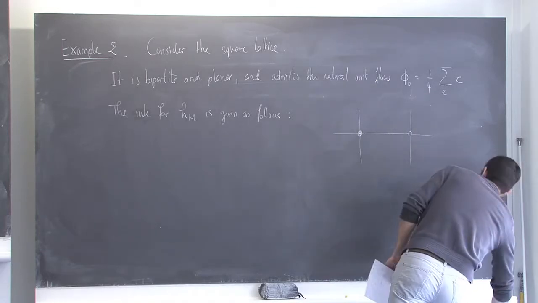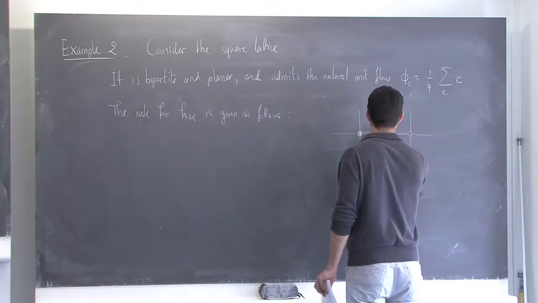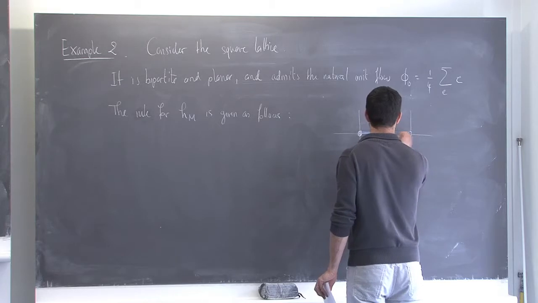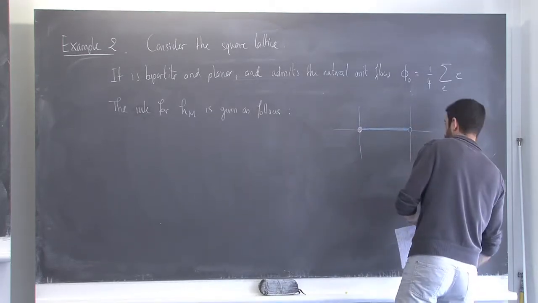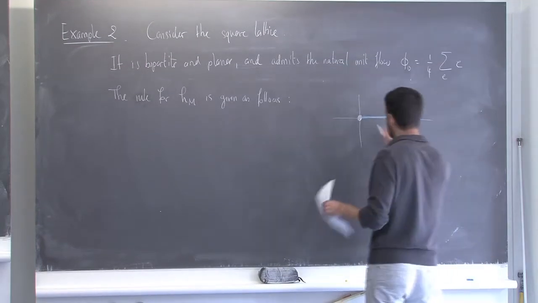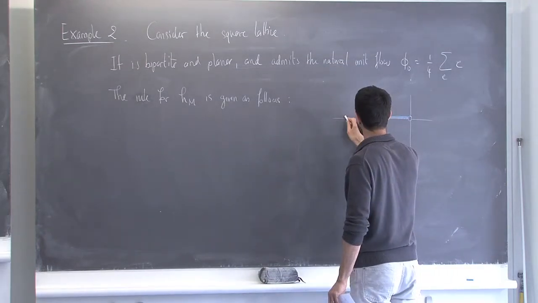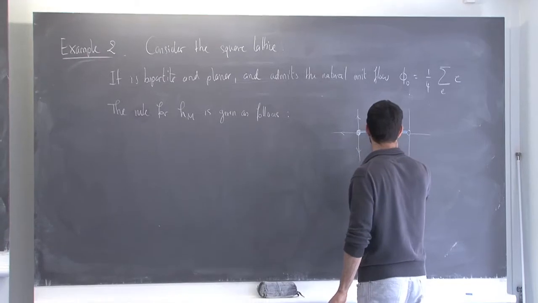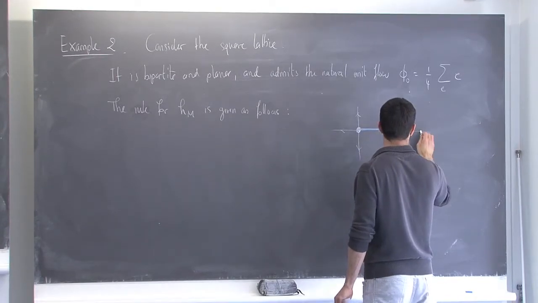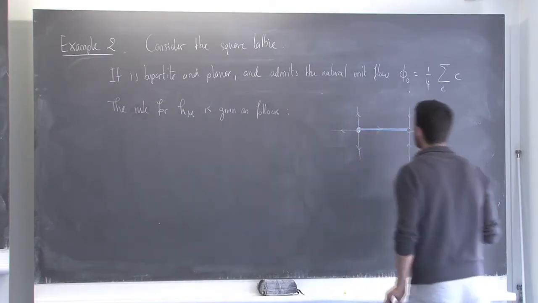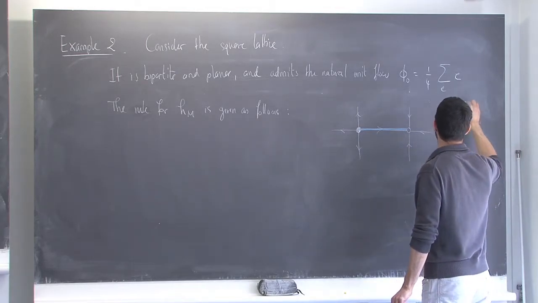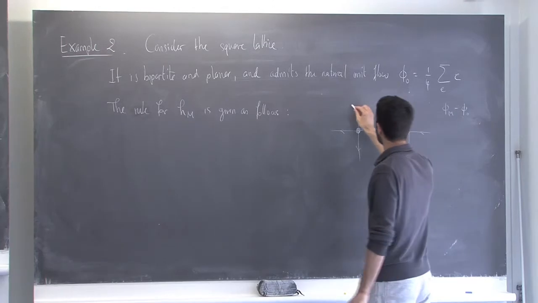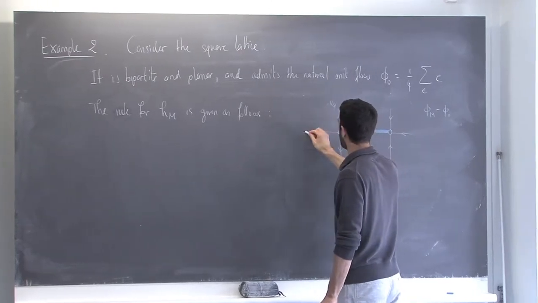So let's say that I have a dimer here on this edge. So the bipartite structure, the orientation always goes this way. And so if I look at phi m minus phi 0, I will have minus 1/4 on all of the edges.